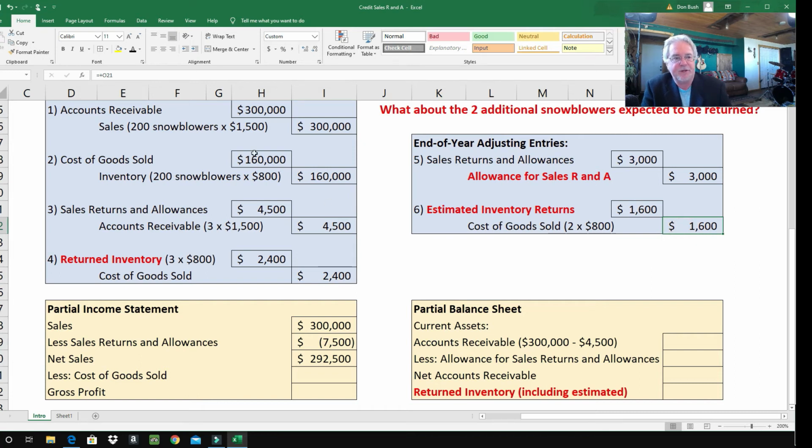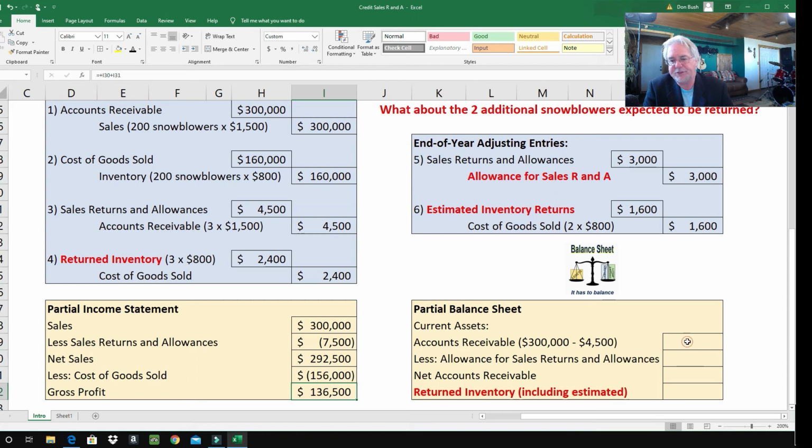So in other words, $160,000 minus $2,400 minus $1,600 is $156,000. Gross profit is simply going to be net sales minus cost of goods sold, $136,500. Moving over to the balance sheet.